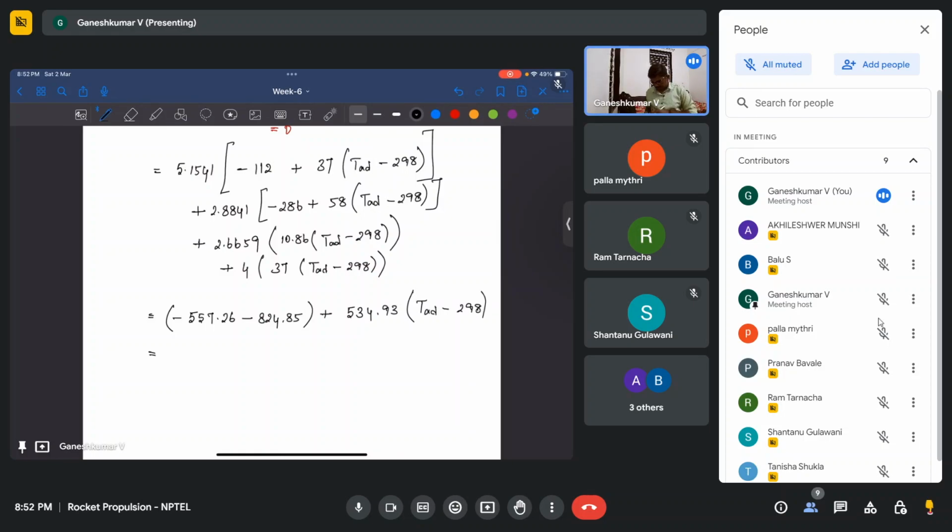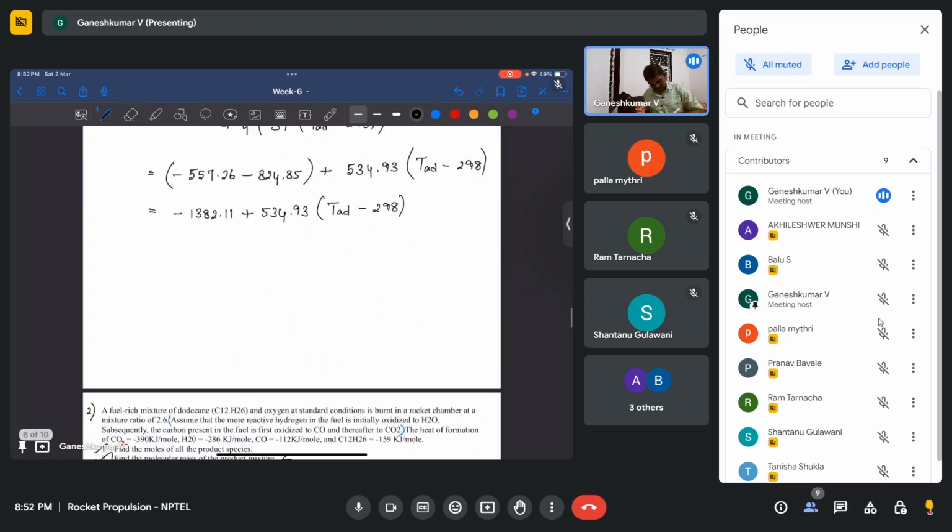So this can be written as minus 557.26 minus 824.85, which is minus 1382.11, plus 534.93 into T adiabatic minus 298. This is going to be your H of products, and we should just equate it, nothing else.